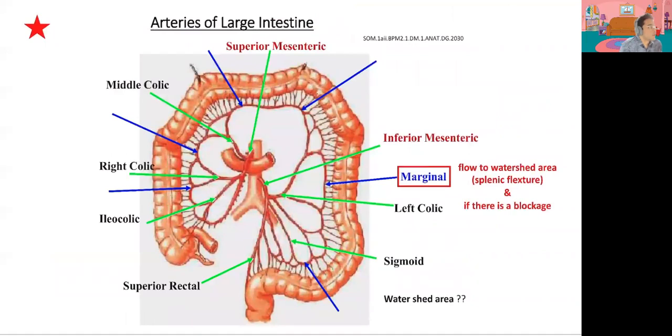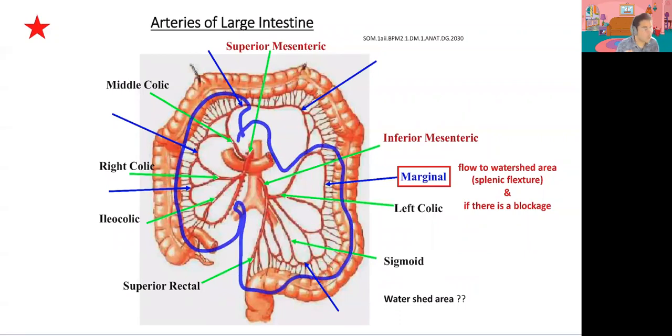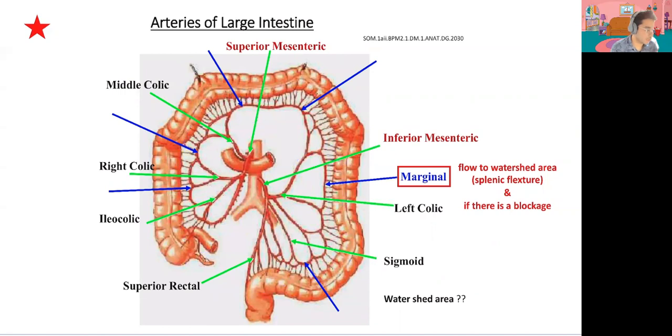Okay, arteries of the intestines. So you guys can spend goober amounts of time learning about this, but you don't need to, because the major thing that they like to ask is about the watershed area. So if you look at this, everything here has its own direct blood supply as well as collateral blood supply.